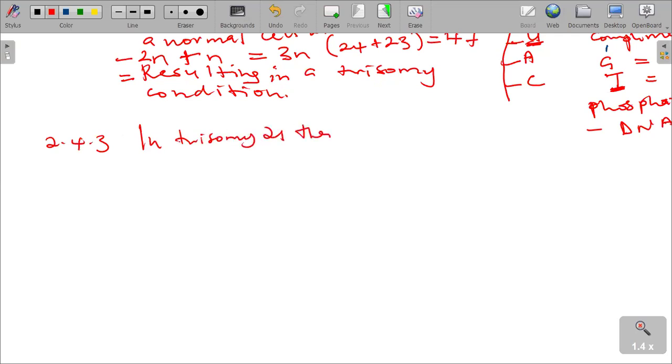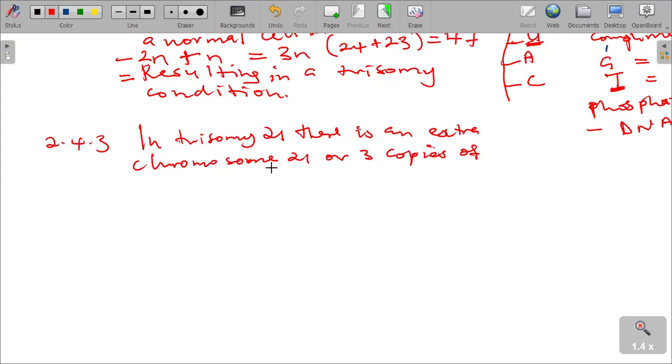We have got an extra chromosome 21, or 3 copies of chromosome 21, found in each somatic cell.